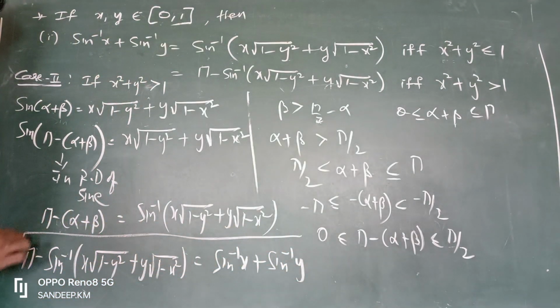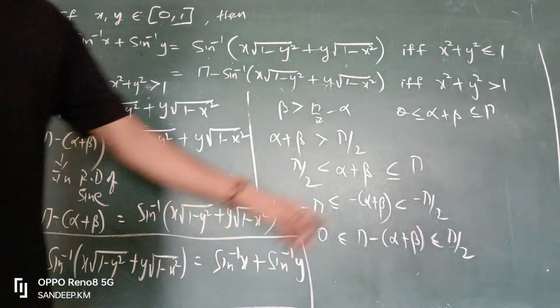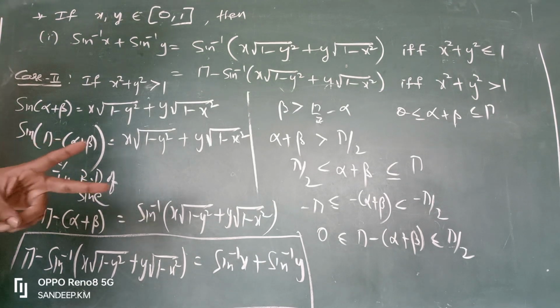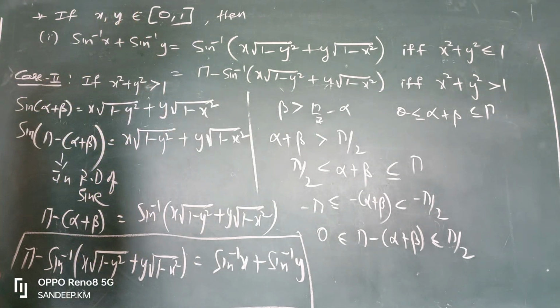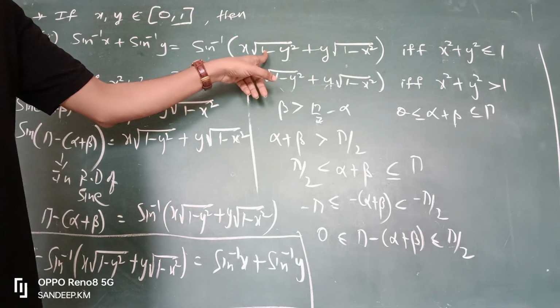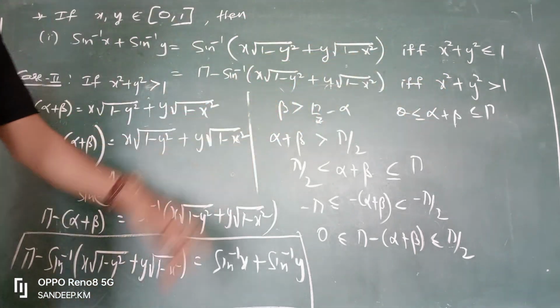So therefore we have proved the second case also, that if x square plus y square is greater than 1, then sine inverse x plus sine inverse y is equal to pi minus sine inverse of that expression. Okay, so two possibilities are there for sine inverse x plus sine inverse y. If this condition is satisfied, you take this, and if this condition is satisfied, you take this.